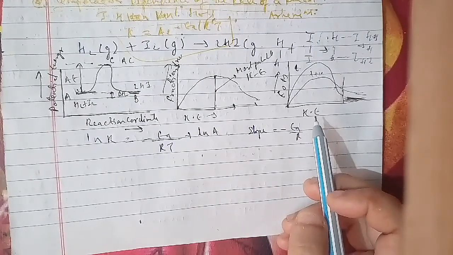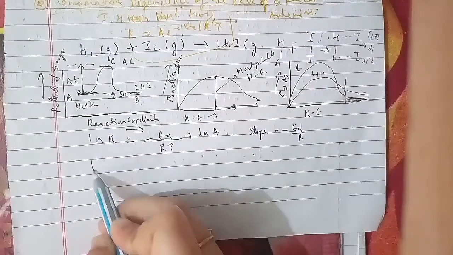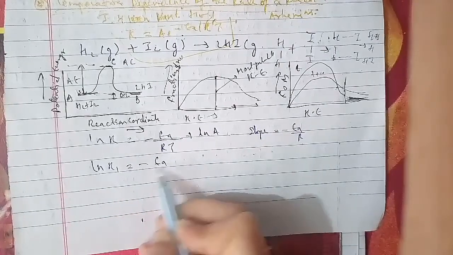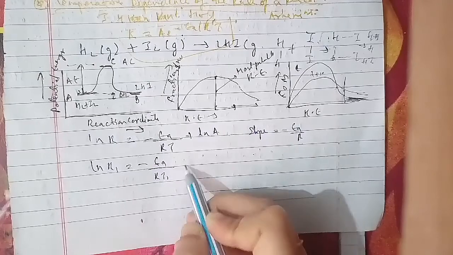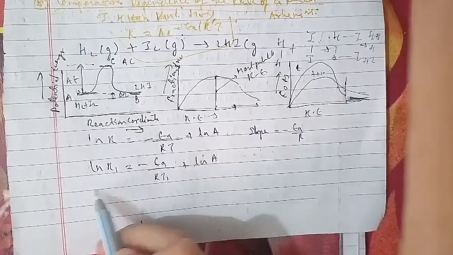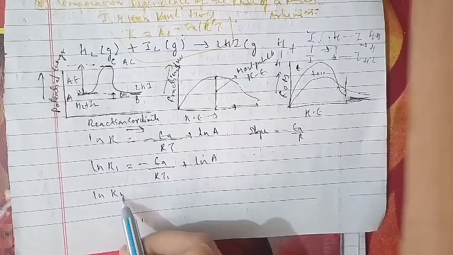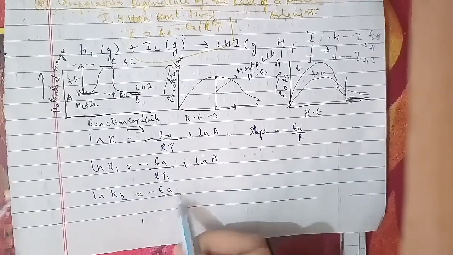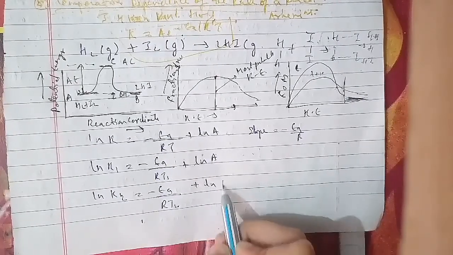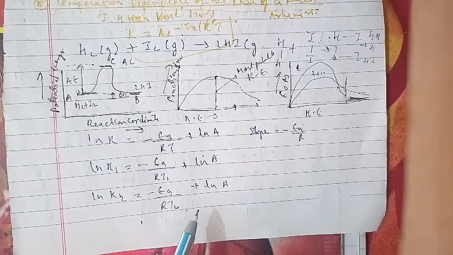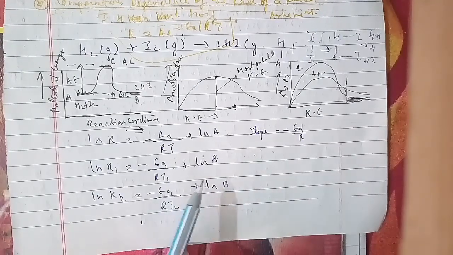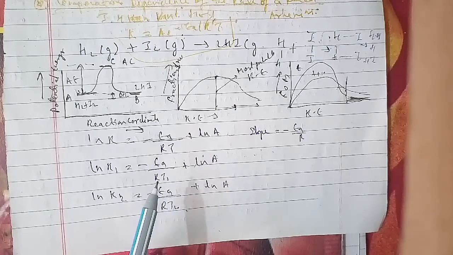At temperature T1 we find that ln K1 equals minus EA upon R T1 plus ln A. At temperature T2 we have ln K2 equals minus EA upon R T2 plus ln A. Since A is constant for a given reaction, K1 and K2 are the values of the rate constant at temperature T1 and T2 respectively.